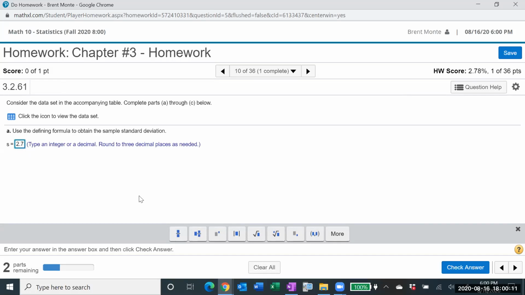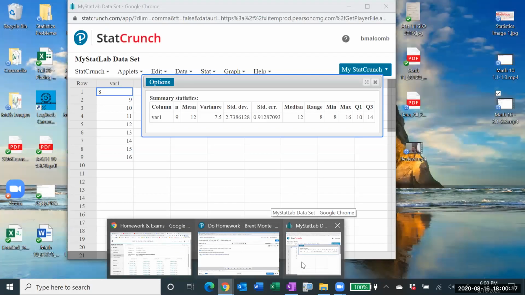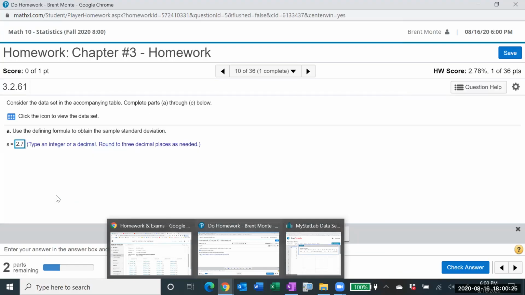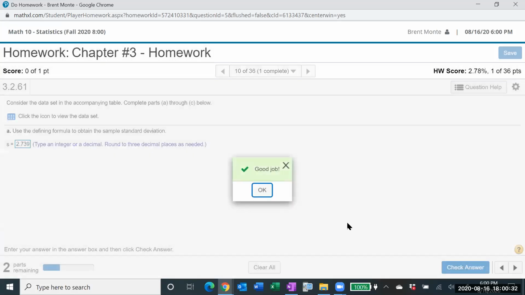Ooh, round to 3 decimal places. And I just told you to do what they say, and I'm not following my own instructions. So we will. 2.738. Next number is a 6, so I have to round that 8 to a 9. So 2.739. Check that answer. Yay.